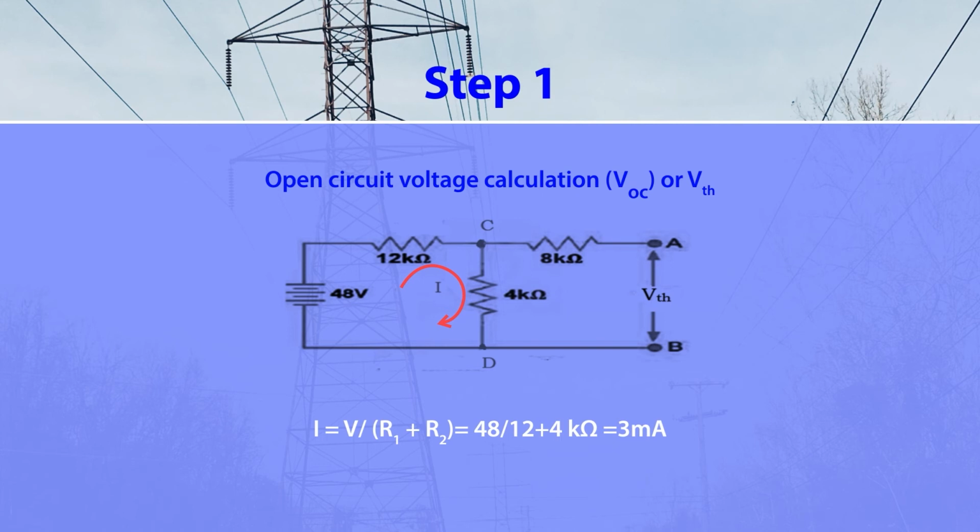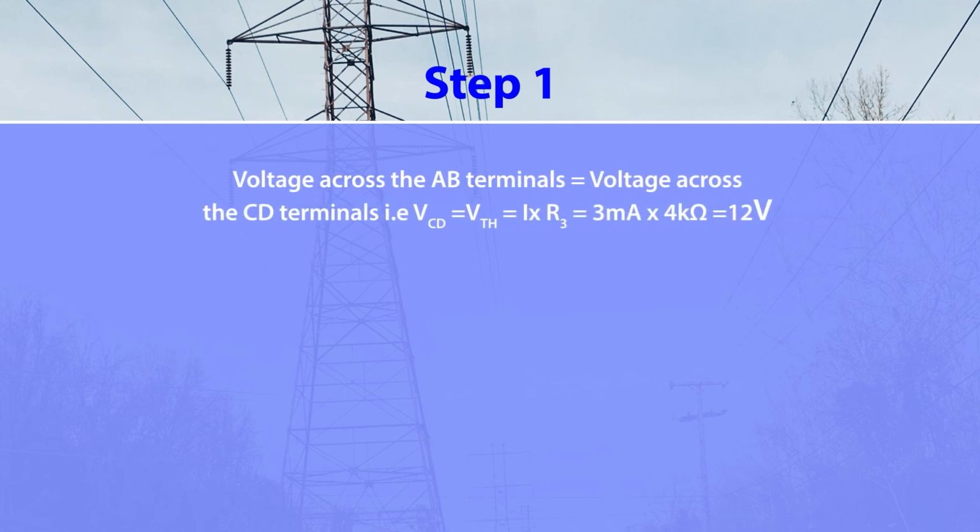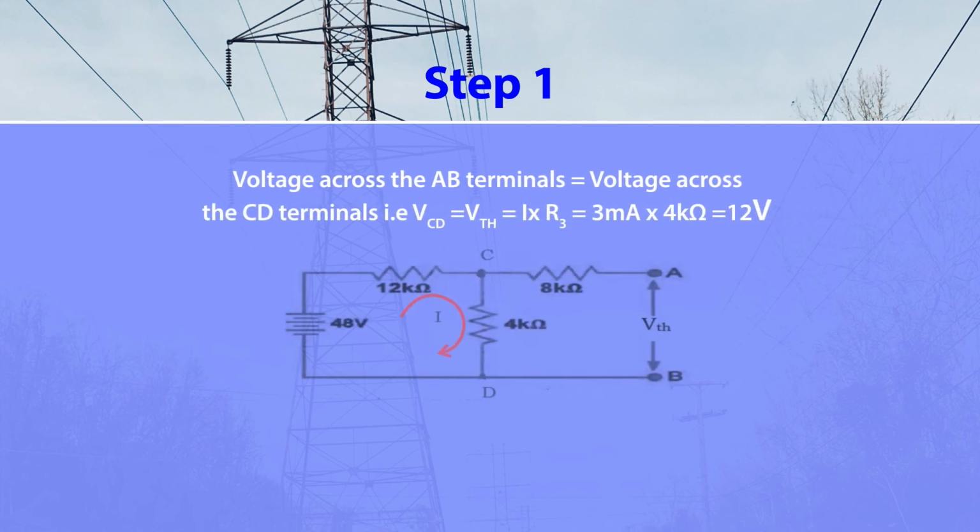Now that you have the current, you can easily find the Thevenin voltage VAB, or VTH, because whatever voltage you get across terminals C and D is the Thevenin voltage. So the voltage across the AB terminal is equal to the voltage across the CD terminal, that is VCD equal to VTH.